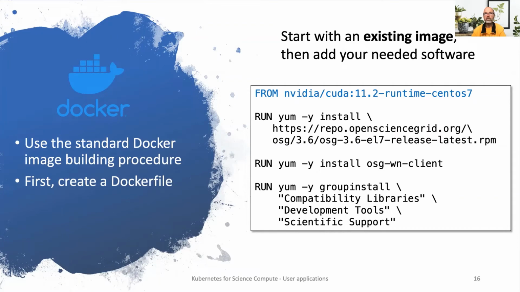You almost always start from an existing image, and then you build on top of it. So in this example, we start with an NVIDIA CUDA image, and then do a bunch of yum installs. This way, you get all the libraries that you are interested in, assuming those were the files you were interested in.